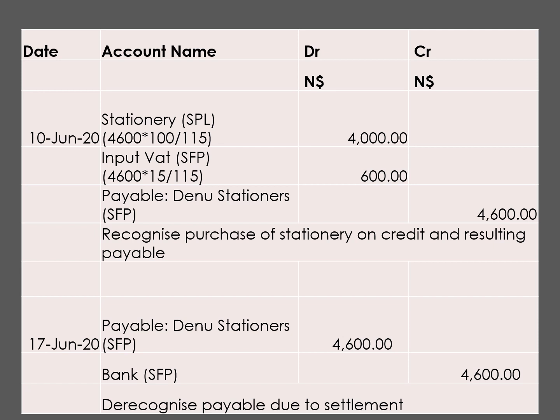Payable Denu Stationers is a liability, thus it decreases with the debit entry, while bank is an asset and it decreases with the credit entry. Both accounts appear in the statement of financial position. There is no VAT applicable on the settlement of a payable. Your journal narration will be: de-recognize the payable due to settlement.